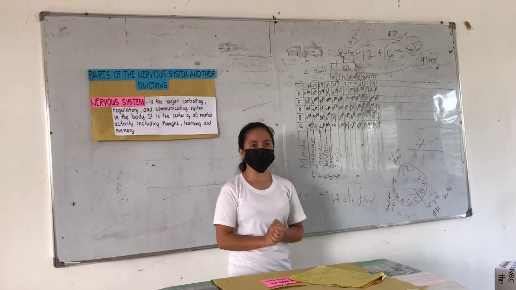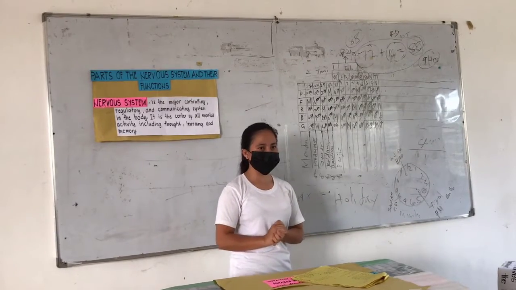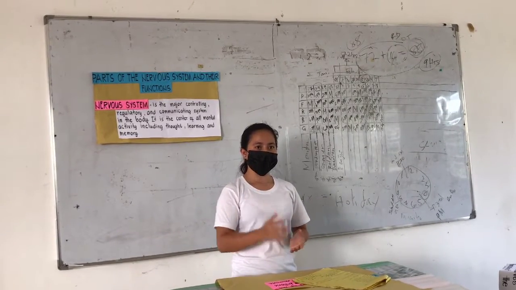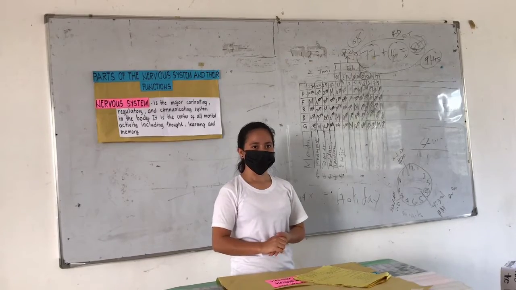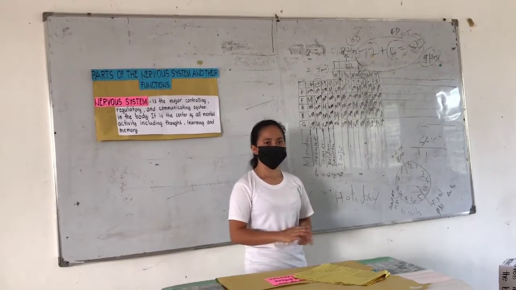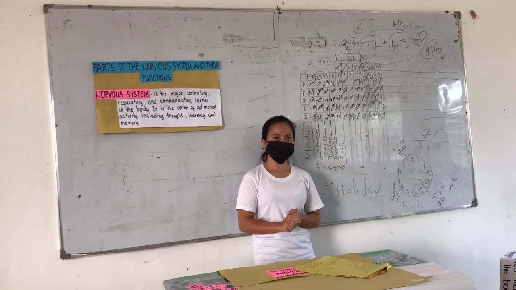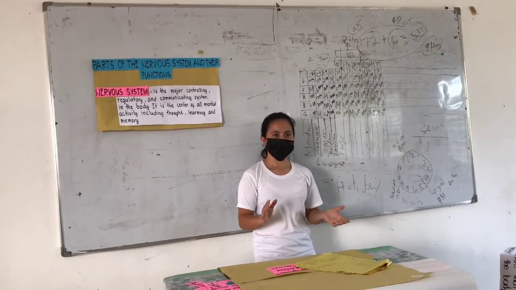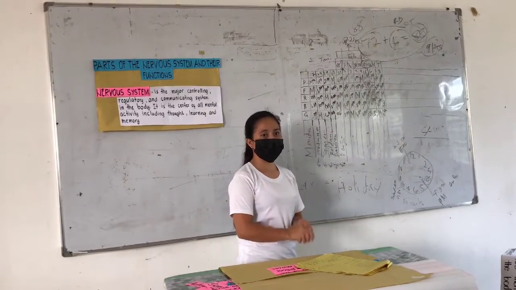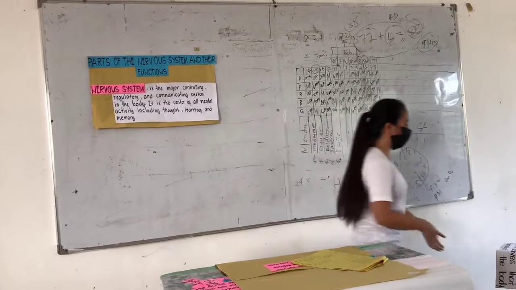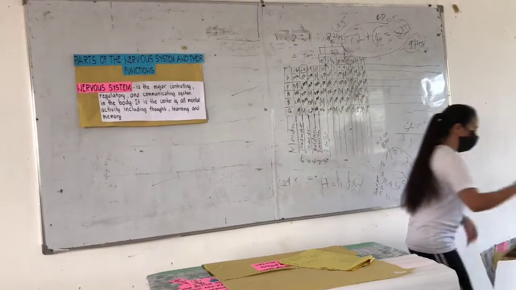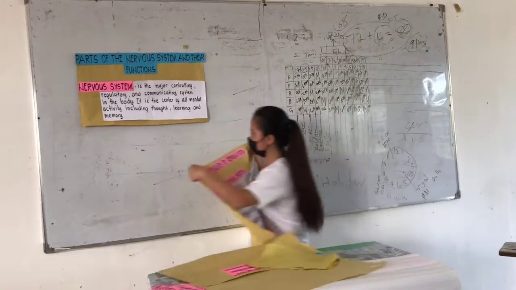So, let's proceed to the two components of the nervous system. Who knows the two components of the nervous system? Arshay? The two components of the nervous system are the central nervous system and the peripheral nervous system. Okay, so class, I have here the definition of the two components.